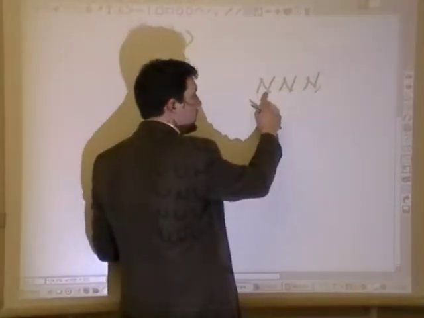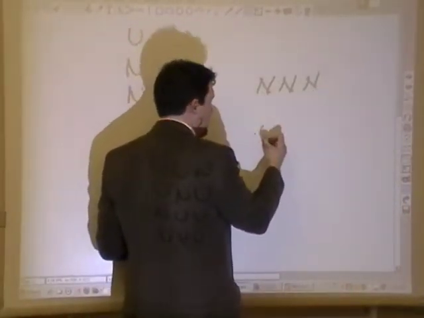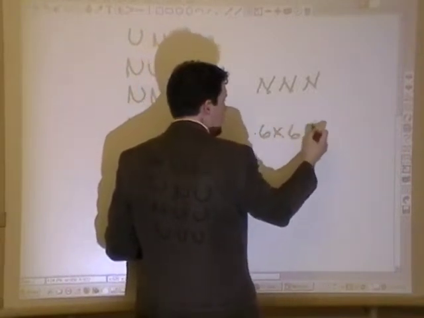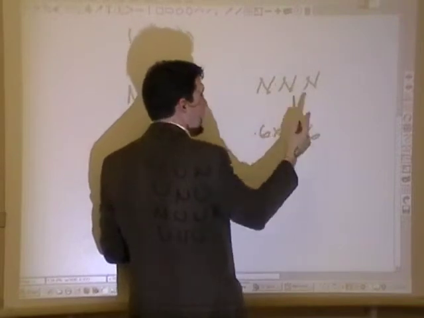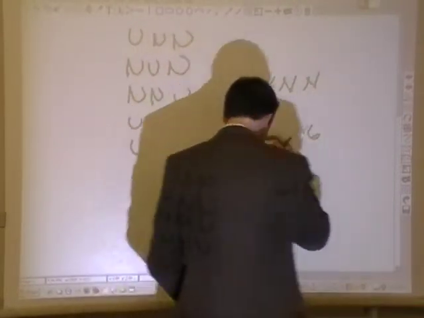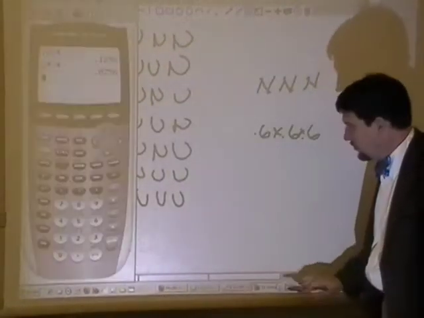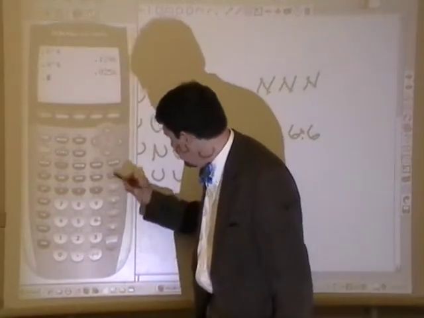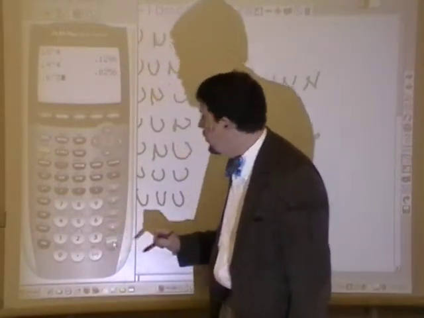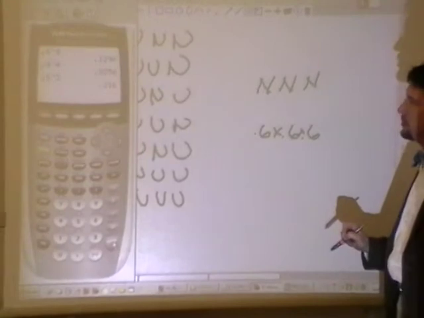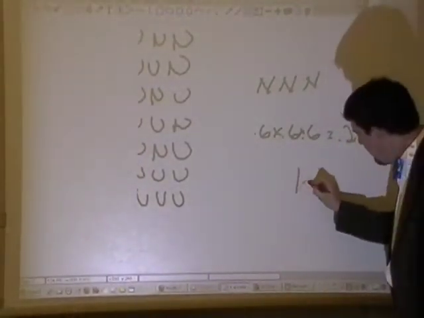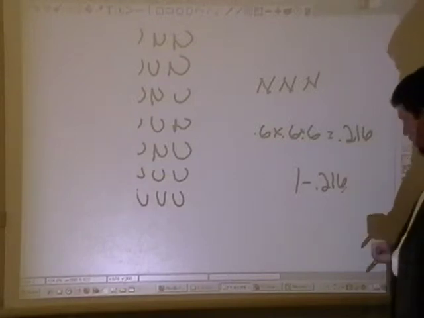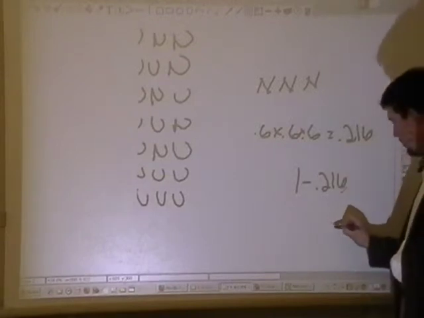The probability of a car being not US made is 0.6 times 0.6 times 0.6, because it's going to be not US and not US and not US. And 0.6 to the 3rd power is 0.216.